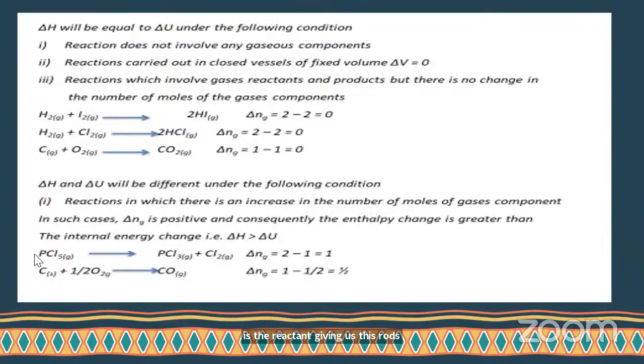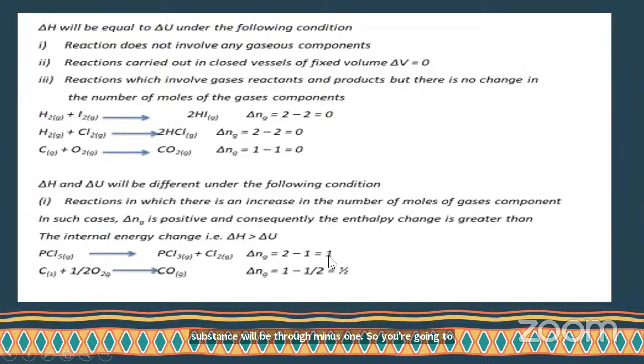Now, the product has 1 of PCl3 and 1 of Cl2, so you have 1 plus 1, which is 2. So the number of moles of the product is 2, and the number of moles of the reactant is 1. So the change in the number of moles of the gaseous substances will be 2 minus 1, so you're going to have 1.